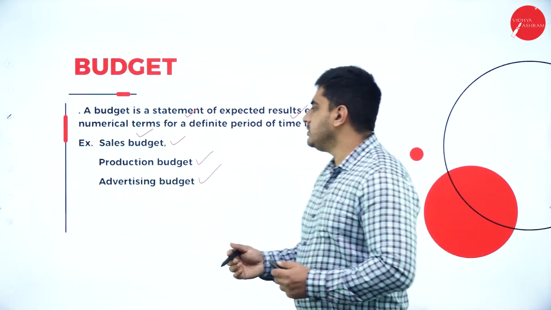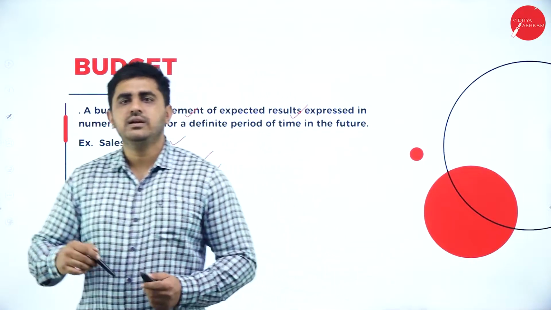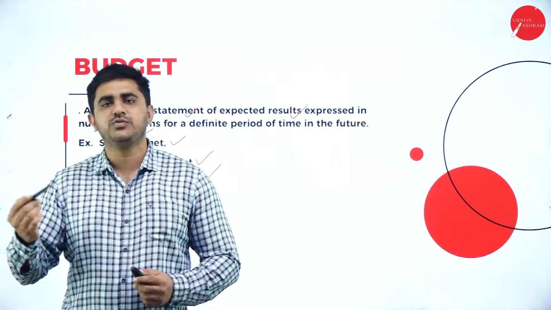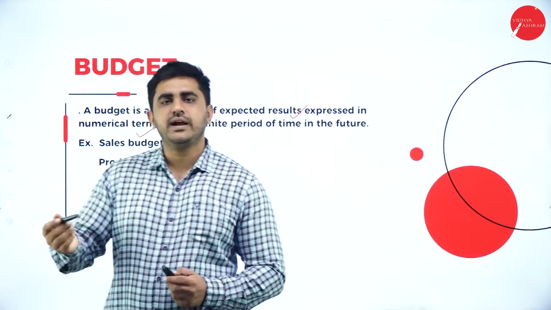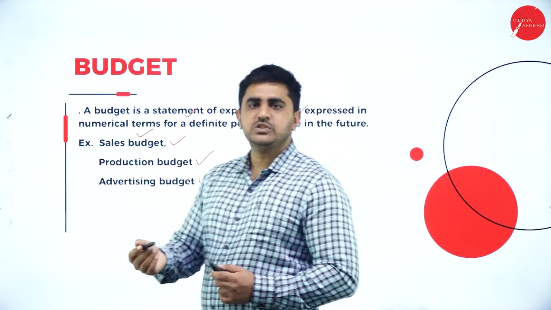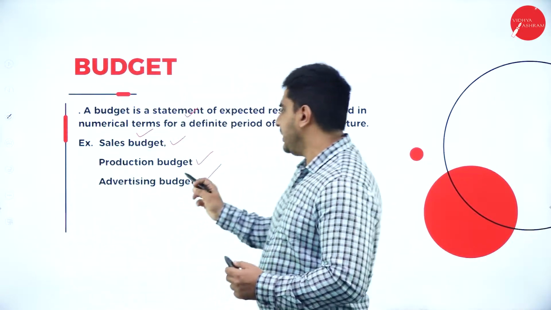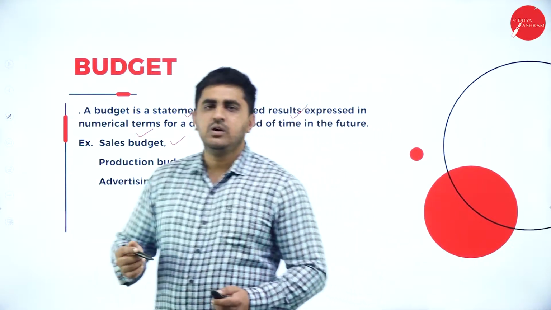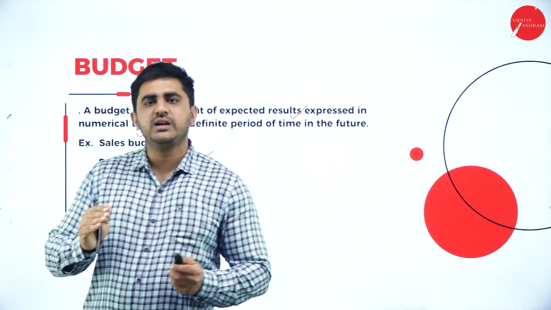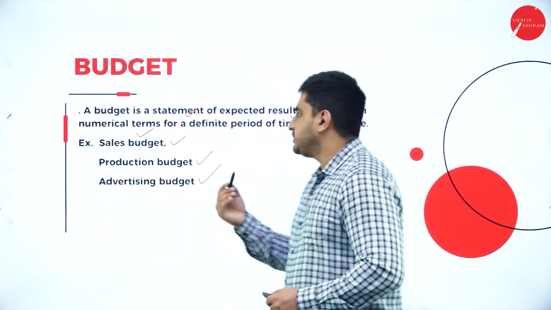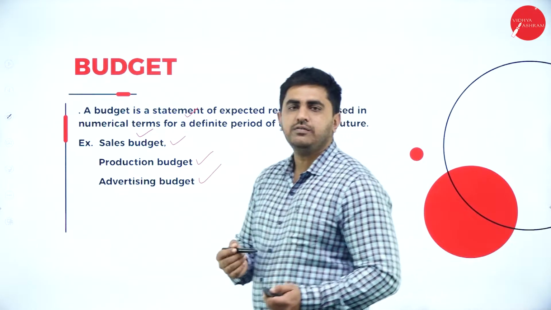You will have to pay money to the advertising agencies, and you will have to pay crores to celebrities, for example a cricketer or a Bollywood celebrity in your advertisement. So you come out with an advertising budget, that is how much you are investing in advertisements. Budget gives numerical values to whatever plans you have made. It is a statement of income and expenditure for a particular period of time for the company.